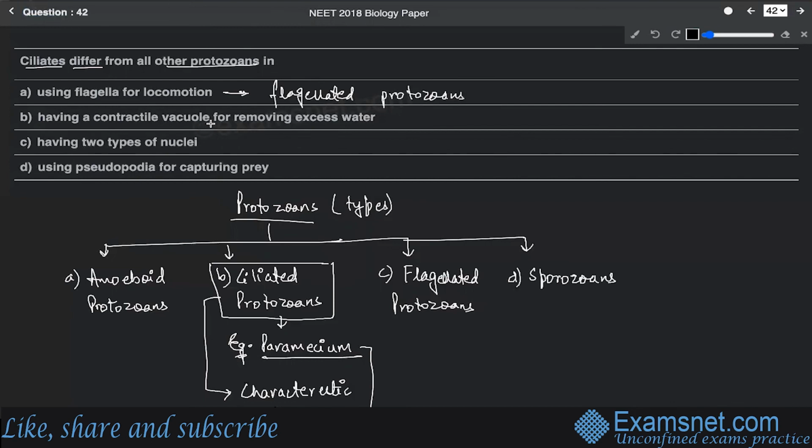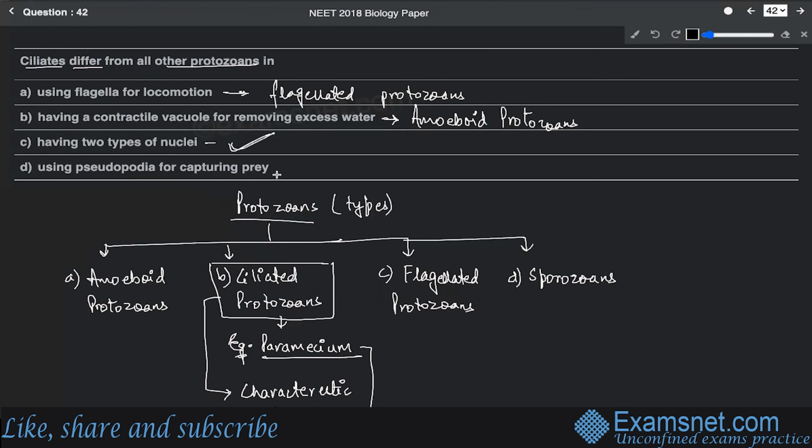Then there is having a contractile vacuole for removing the excess water. Again, this is a category of amoeboid protozoan. Amoeboid protozoans have the presence of two types of nuclei, so this is again true.